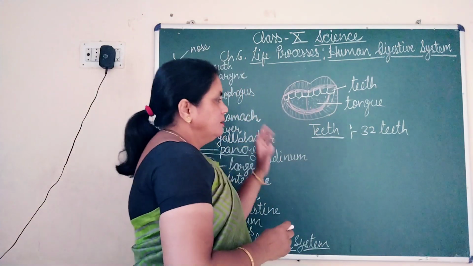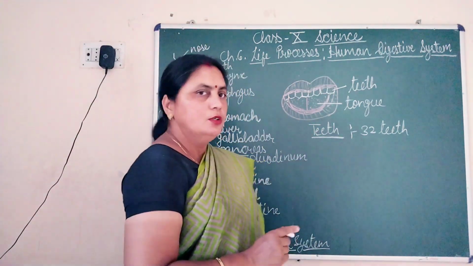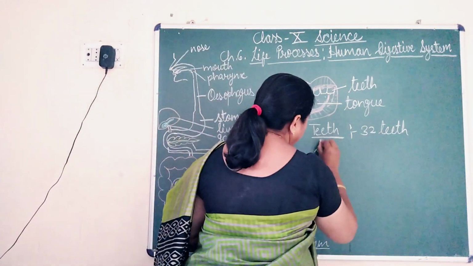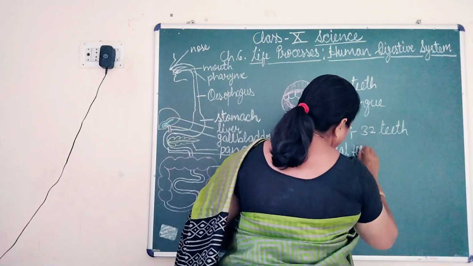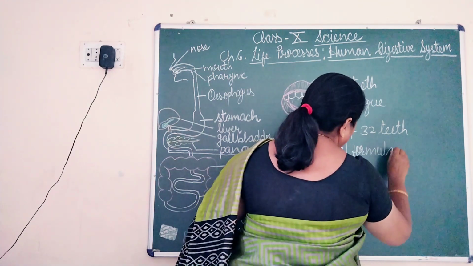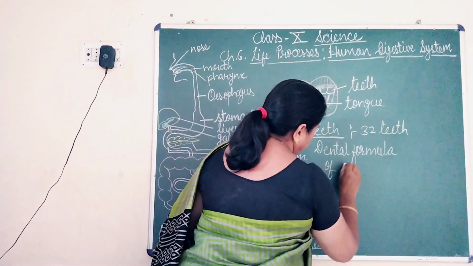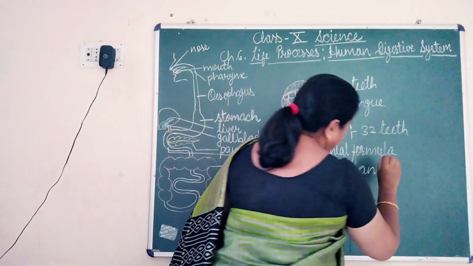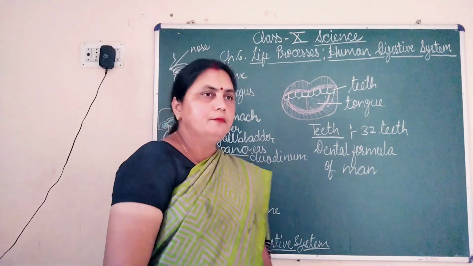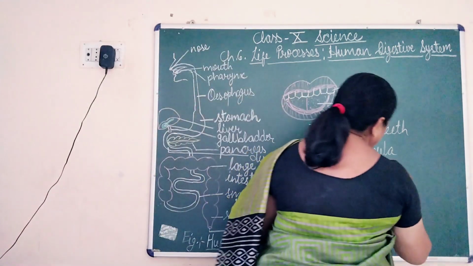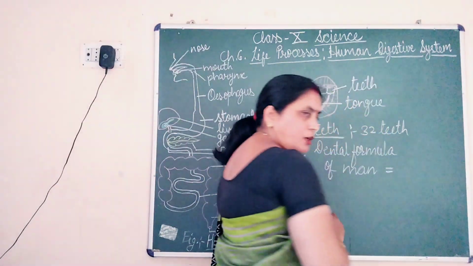We can represent the number of these 32 teeth in the form of a formula which is known as the dental formula. So I am writing here the dental formula of man. In the same way, the dental formula of any animal can be written.